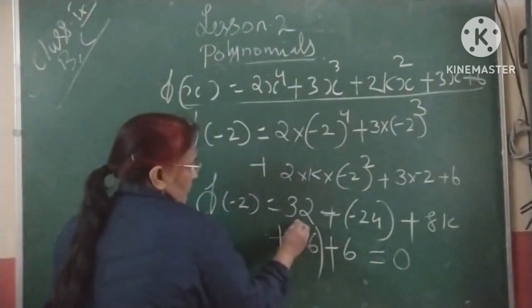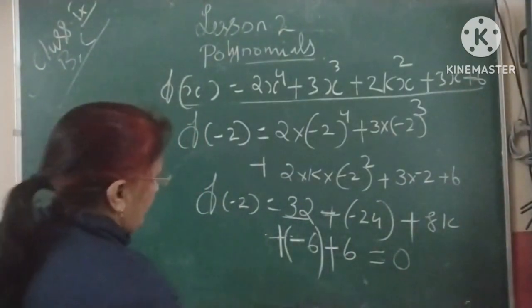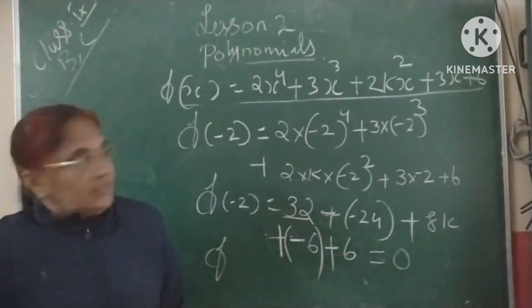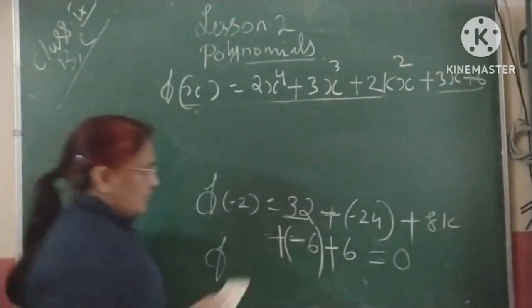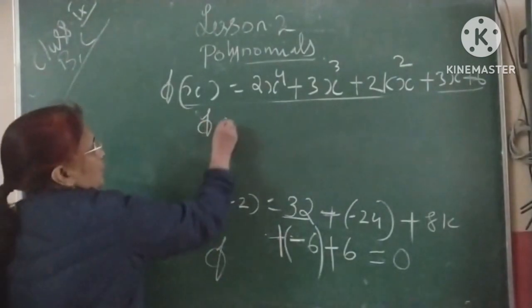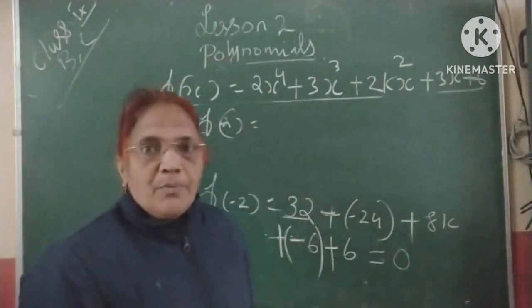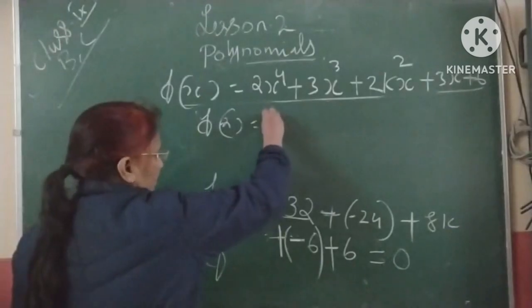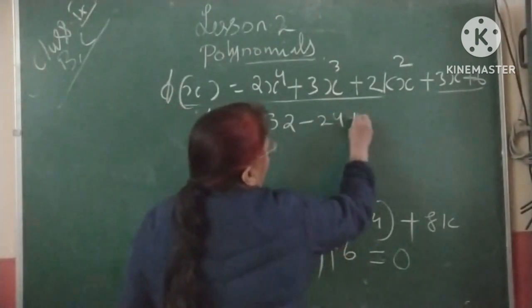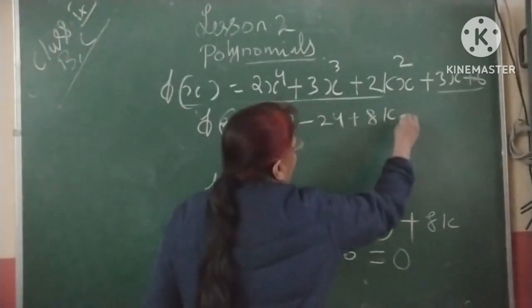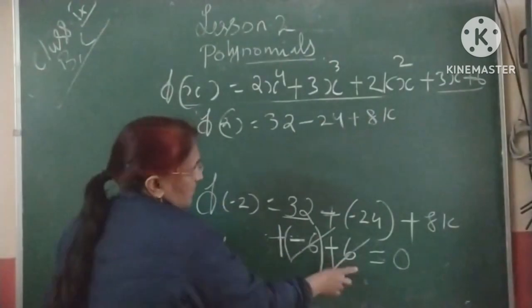Now f of minus 2 equal to 32 minus 24 plus 8k. The minus 6 and plus 6 will cancel.